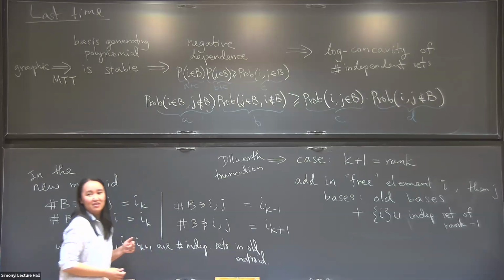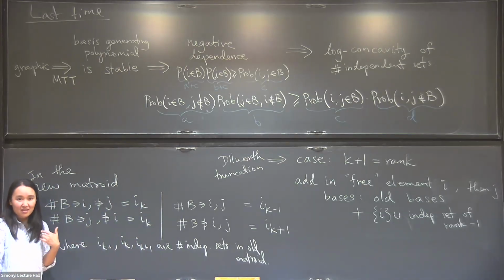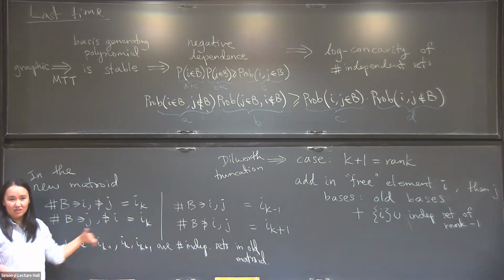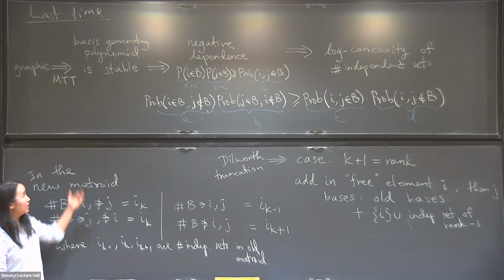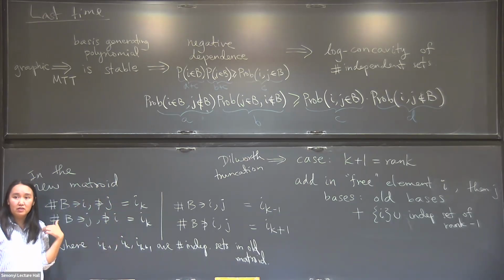Does that make sense? We start with the old matrix and we're interested in counting its independent sets. The way to do it is by adding these free elements and counting the bases in the new matrix that contain I and not J. So negative dependence translates to these concavity inequalities for the independent sets.